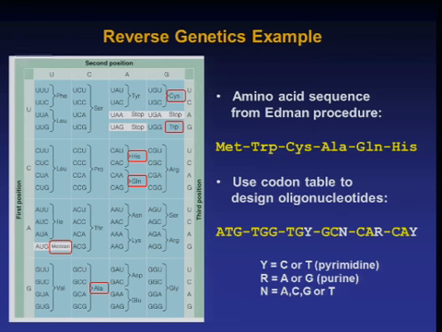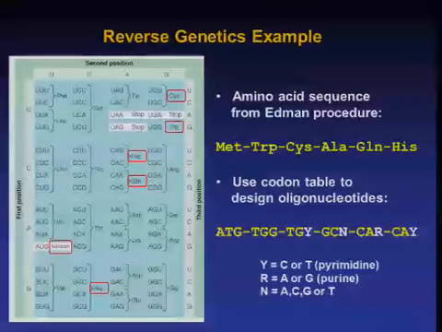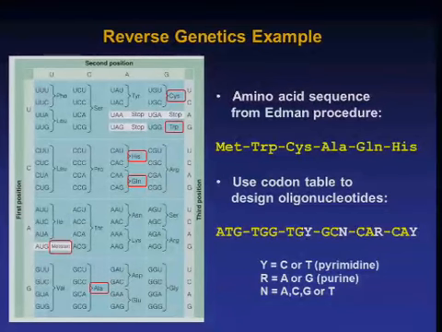So that's N. The next amino acid, glutamine, CA, and then R, meaning either A or G, a purine, etc. So when you look at that, can we synthesize one defined oligonucleotide that's going to correspond to that protein sequence to go and fish out the gene? No.